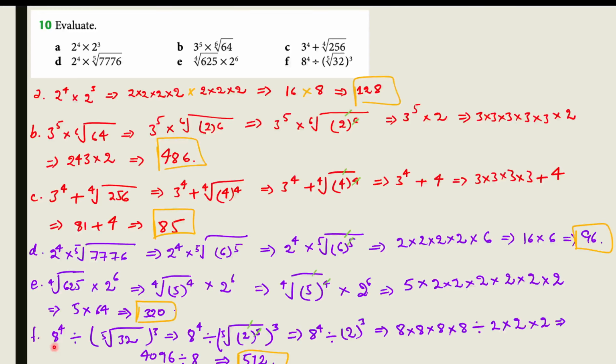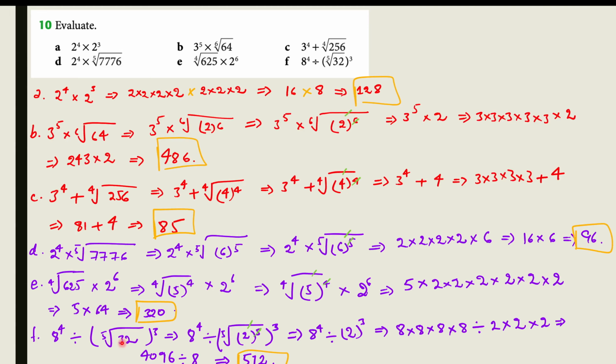And the last part of the question is 8 raised to the power of 4 divided by the root of 32 with the root power of 5, and this whole root is cubed. So we will start with the brackets first.